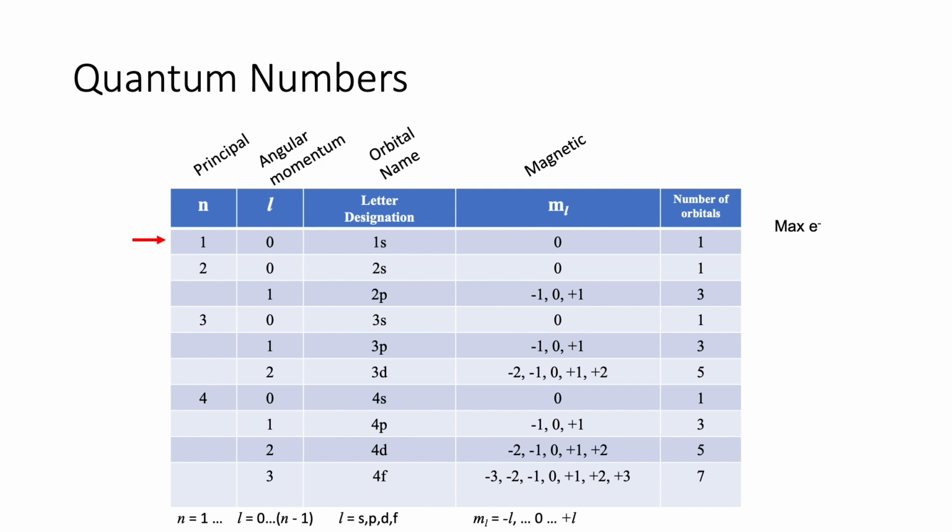Let's begin with principal quantum number 1. When n equals 1, L can only be 0. The 1-0 combination is given a sublevel designation of 1s.